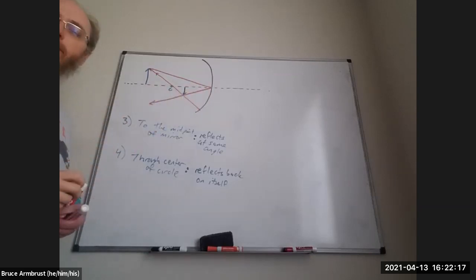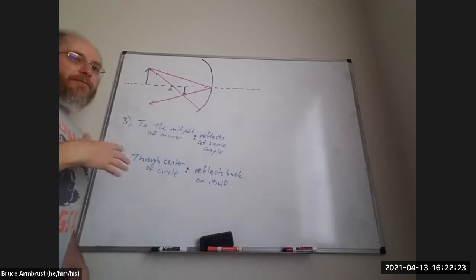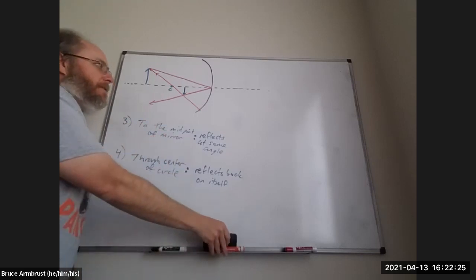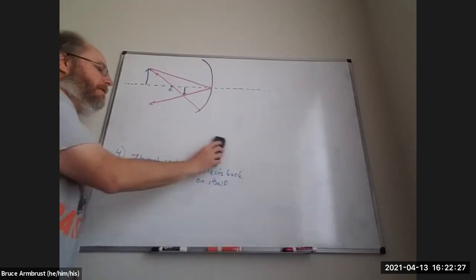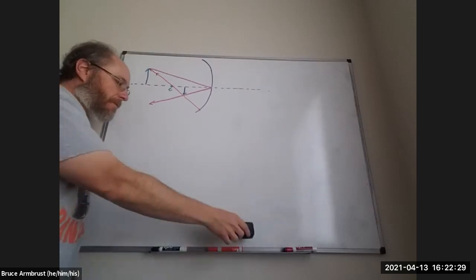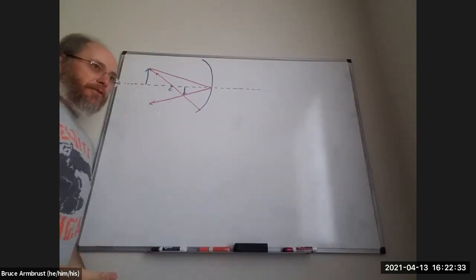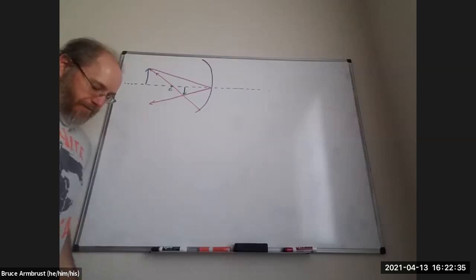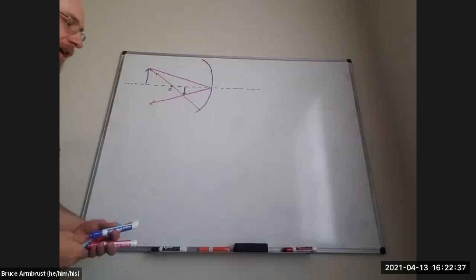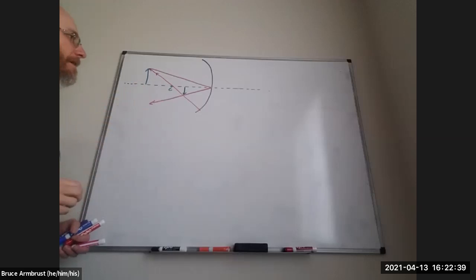So that makes it real. The way that we've got this drawn, this one's going to be a real image. But we're going to see that this formula works even if it's a virtual image, from the geometry here. But we're going to go with this example.